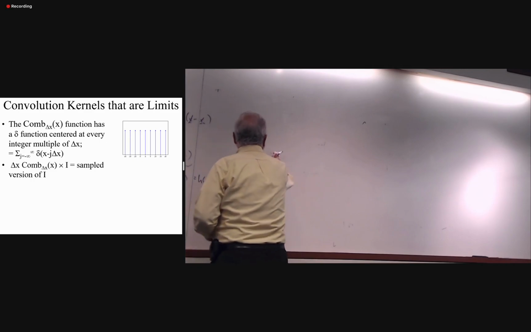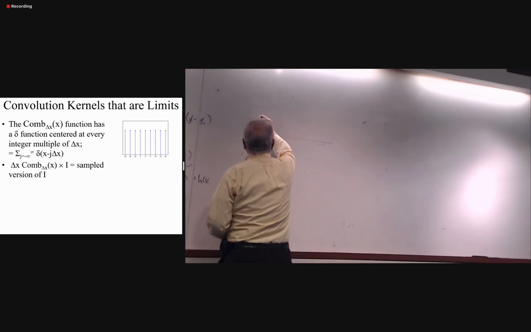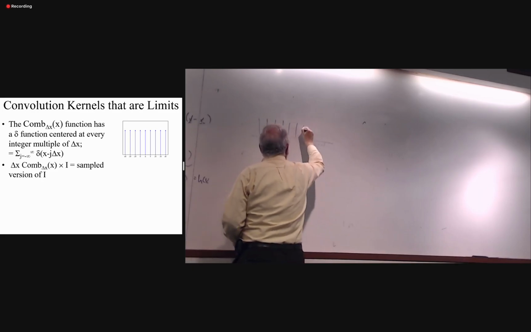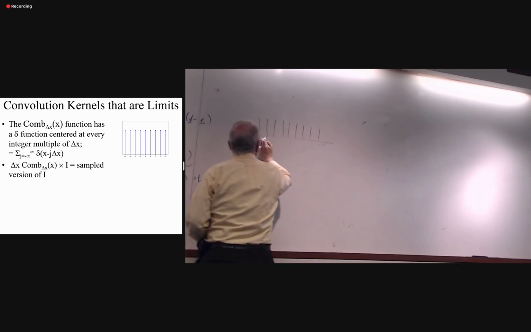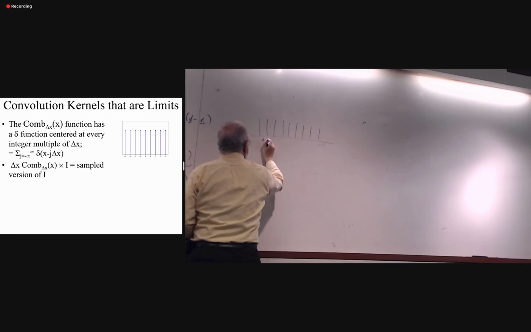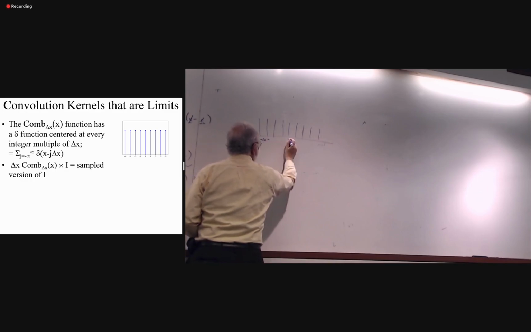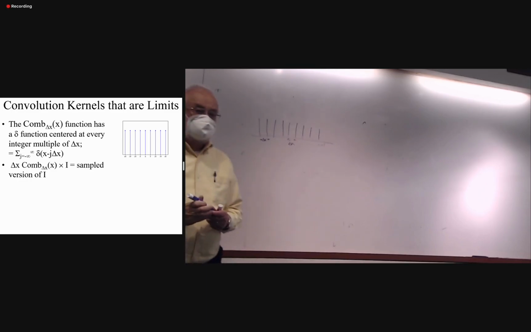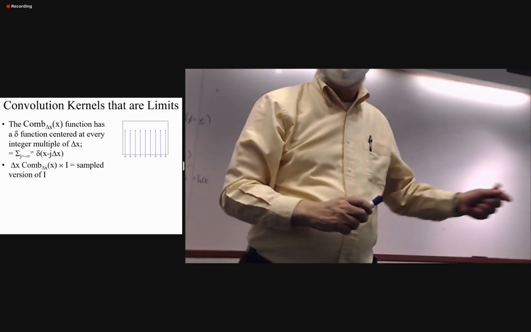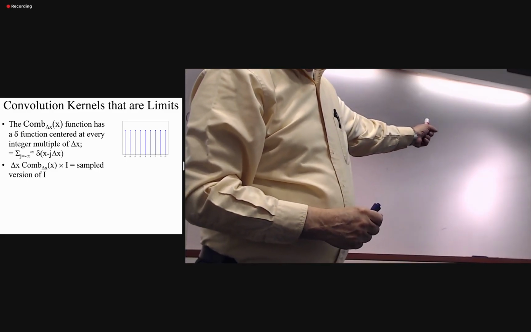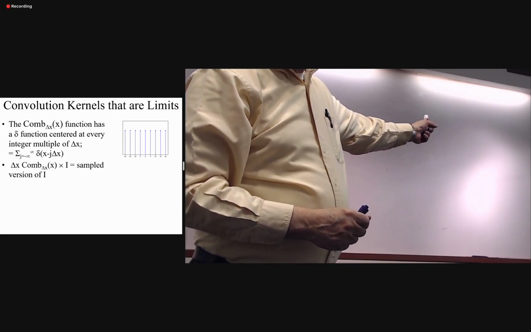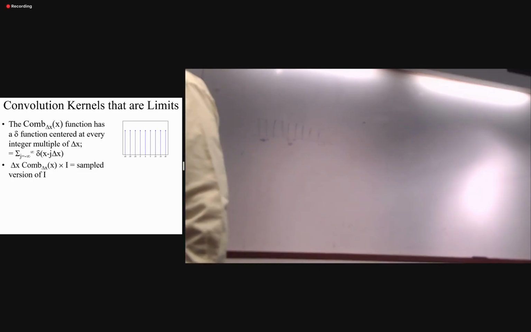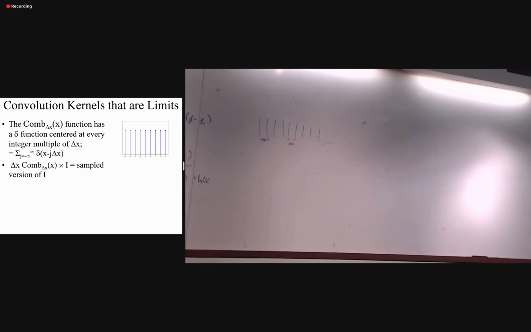And so we have these offset delta functions, every one of these impulses, delta functions, separated by delta x, the same delta x.